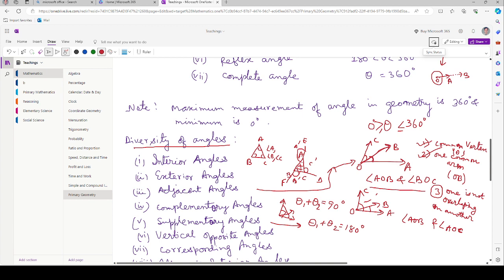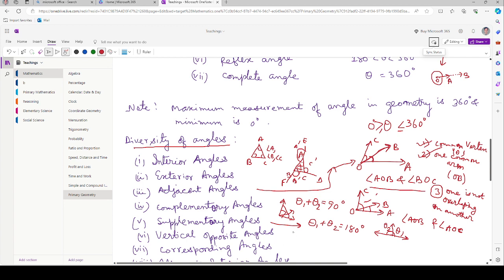So, theta 1 and theta 2 make a straight angle because the sum of theta 1 and theta 2 is 180 degree. It is to be remembered that supplementary angles make a straight angle.